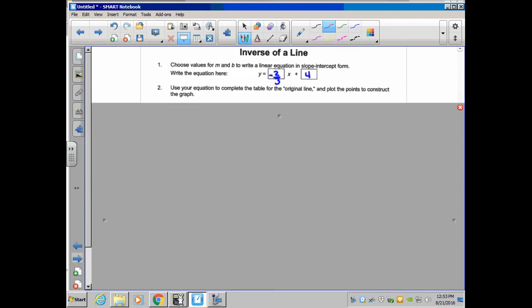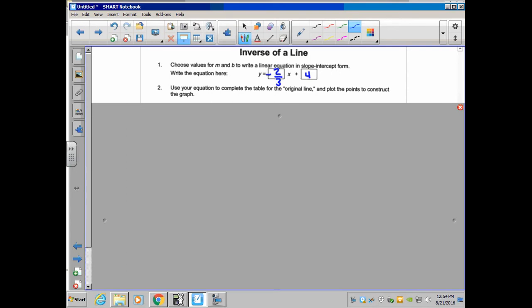Alright, so let's look specifically at the inverses of a line. Here I have -2/3x plus 4. So -2/3 is the slope, +4 is the y-intercept. We're going to use this equation to complete a table.